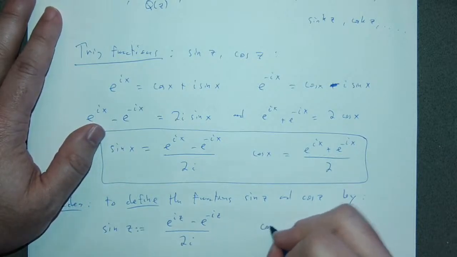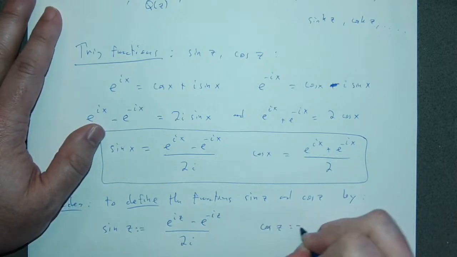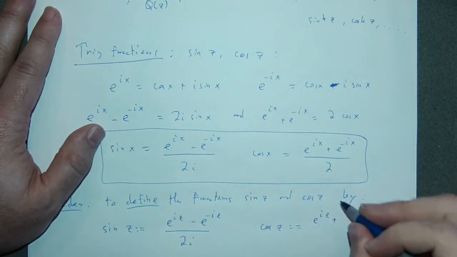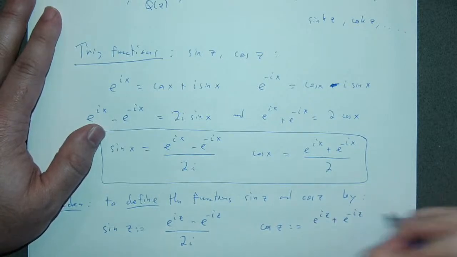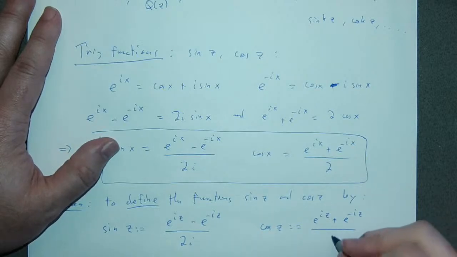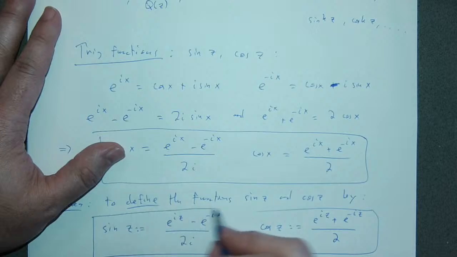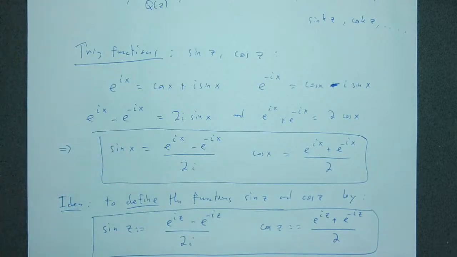And cosine z is defined to be e to the iz plus e to the minus iz over 2. So this is my definition of sine z and cosine z.